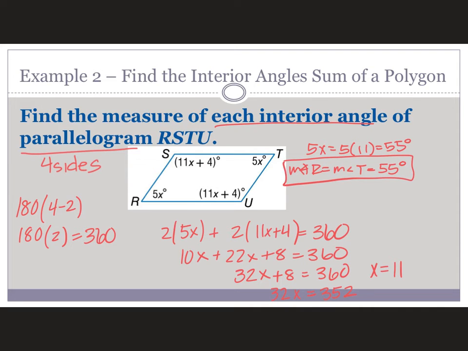And then we have 11 times 11 plus 4 is 125. So then the measure of angle S is equal to the measure of angle U, which is equal to 125 degrees. And there we have it.